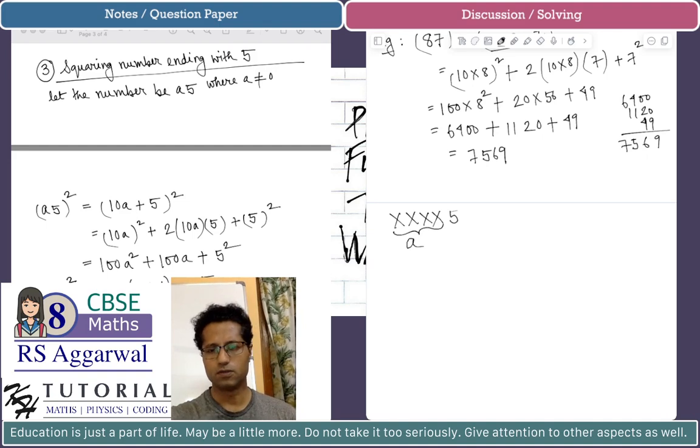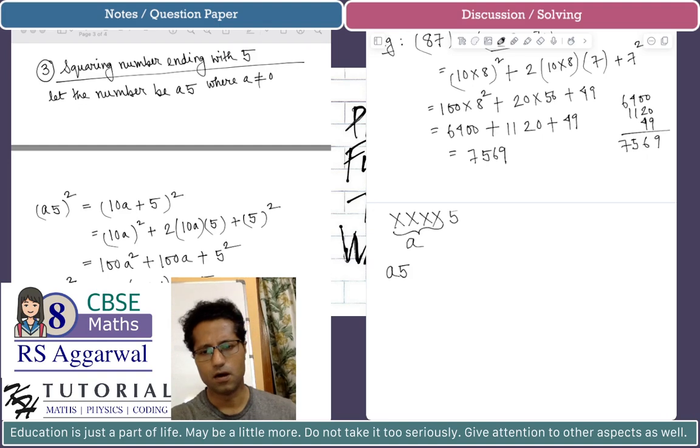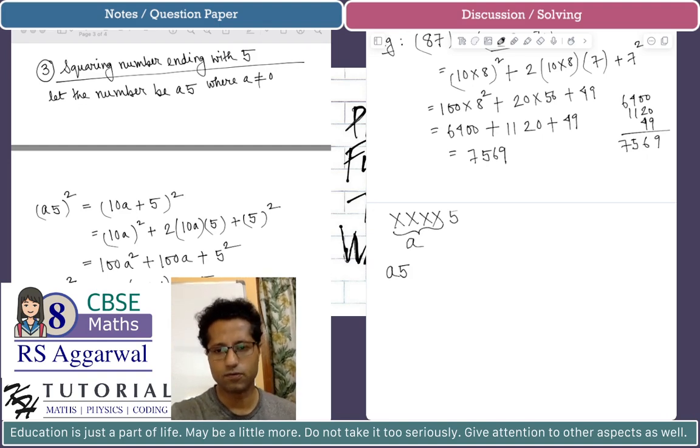Whatever the original number is, it must end with the digit 5, that is, the digit at the units place must be 5, and the number ignoring the units digit, whatever it is, I am considering as a. So the given number is of the form a5, where a could have 1 or more digits. So we have to find a5 square. Now please note what a5 is.